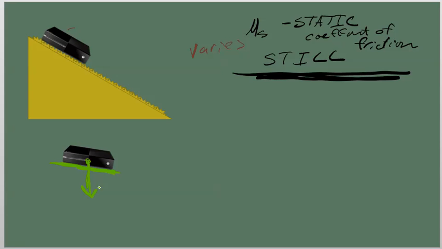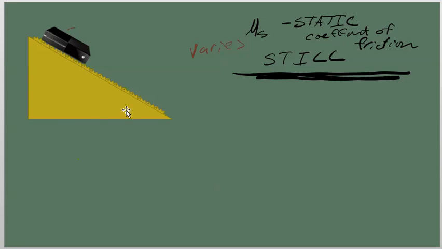If you have your weight and your normal force, and this is barely on an incline, you just have a really tiny frictional force because most of your weight is still going into balancing out your normal force. But as you raise the incline and the Xbox still sticks, you increase the amount that friction is acting against your weight, because more of your weight wants to pull you down as you increase the incline. So actually your static friction varies.